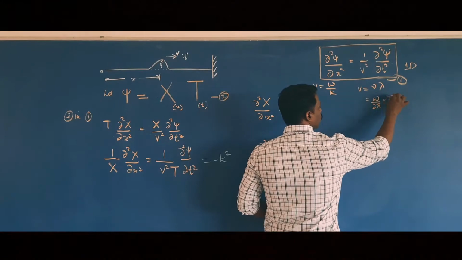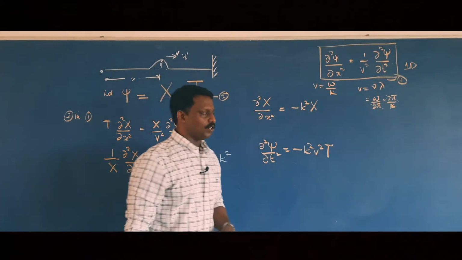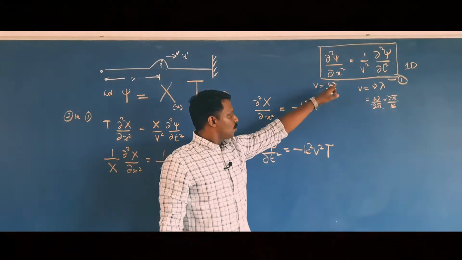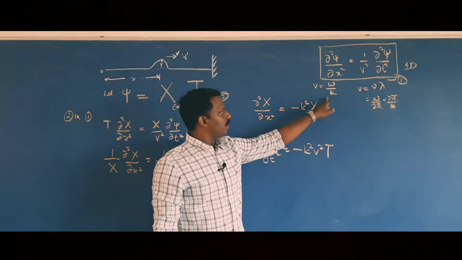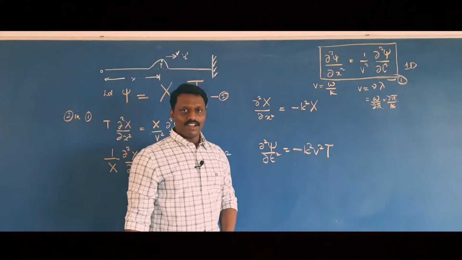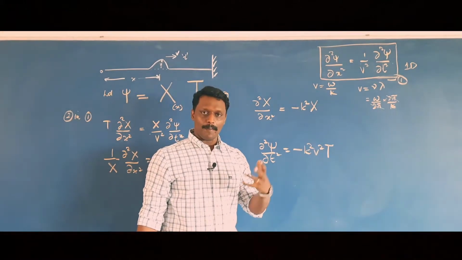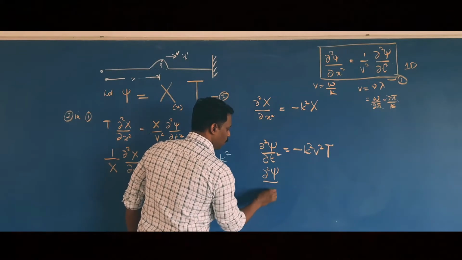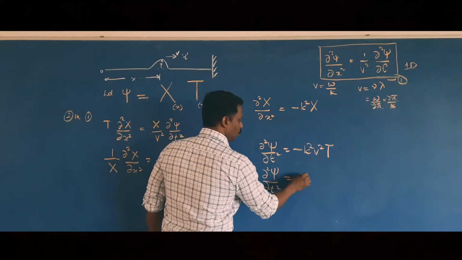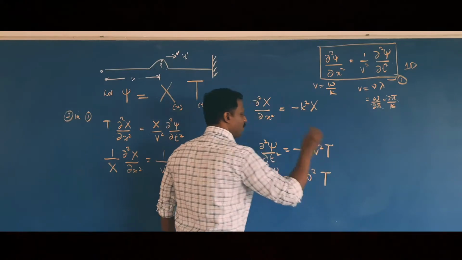So the 2π term cancels and v = ω/k. So we can replace v²k² here with ω², where ω is the angular frequency of the particles of the medium. So ∂²T/∂t² = −ω²T.